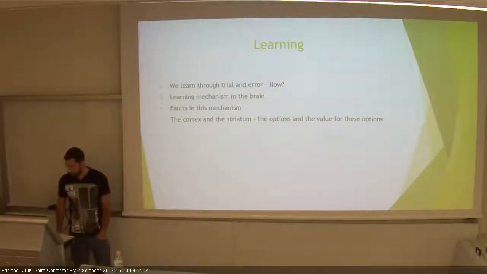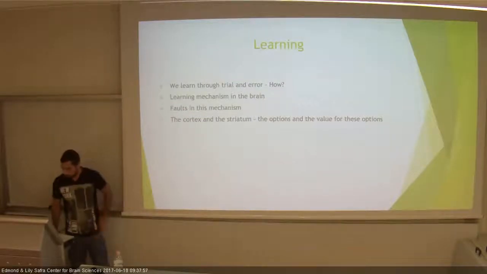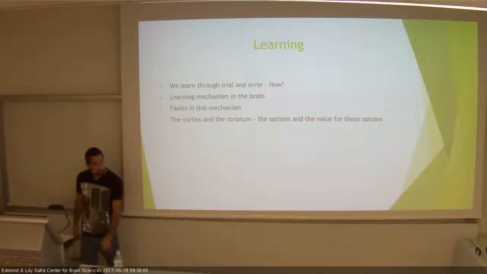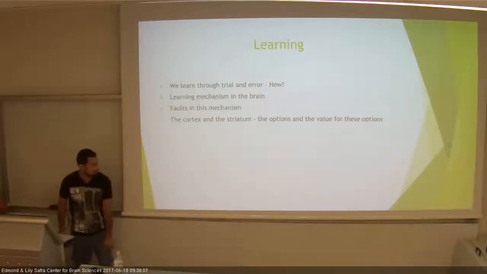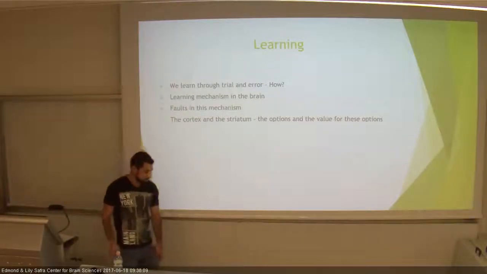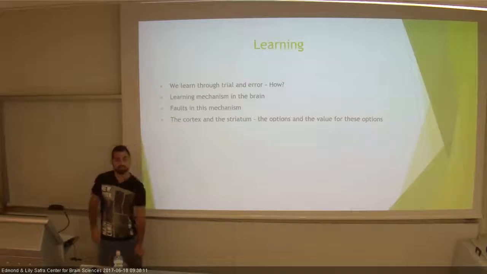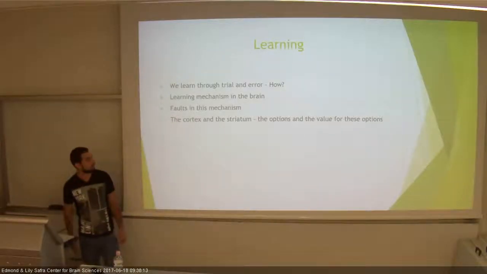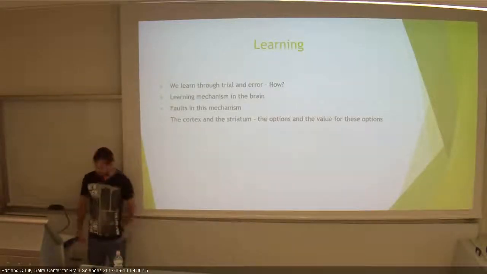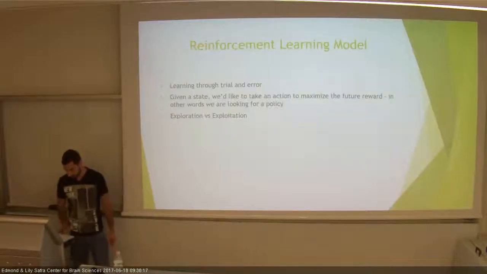And so this learning process in the brain, like Chagai said, is hypothesized to work through strengthening and weakening of connections between neurons in two parts of the brain, the cortex and the striatum, where the options are represented by neurons in the cortex, and the activity of neurons in the striatum represents the value of these options.